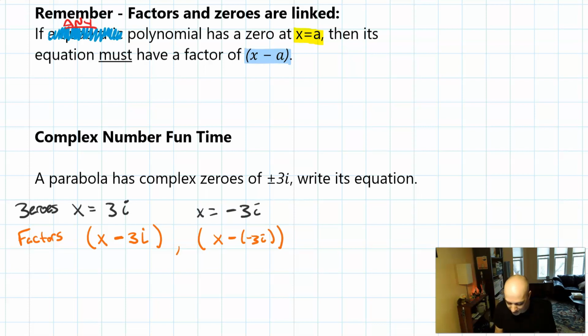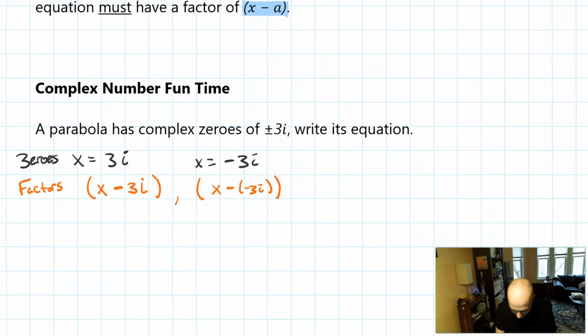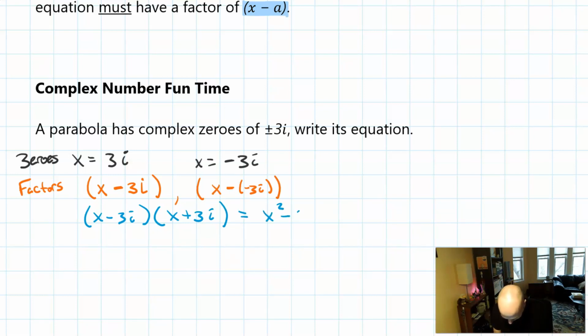So an equation for this parabola actually is pretty easy to find, because all you have to do, that becomes a plus, is multiply out your factors. So then this is x squared minus 3ix plus 3ix. I'm just treating the i like a variable for now. Minus 9, 3 squared, i squared.